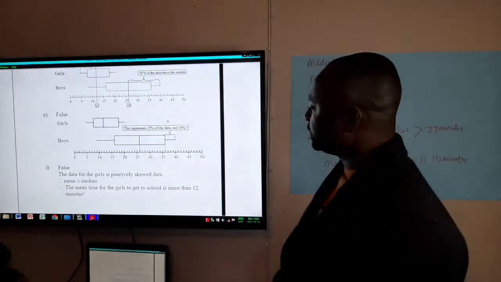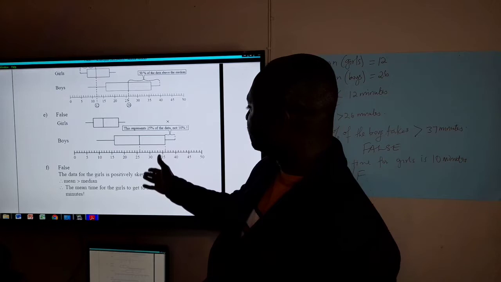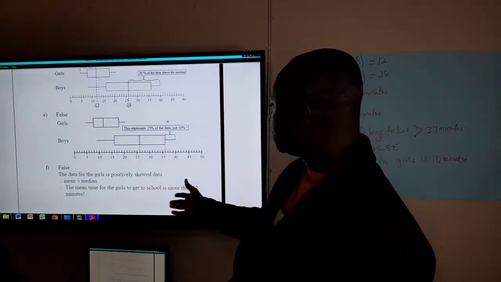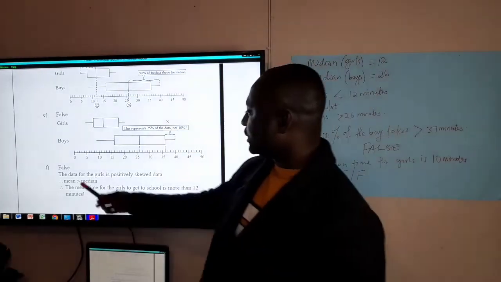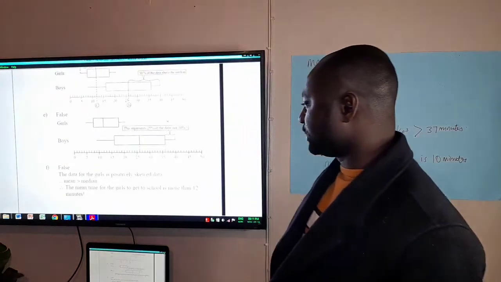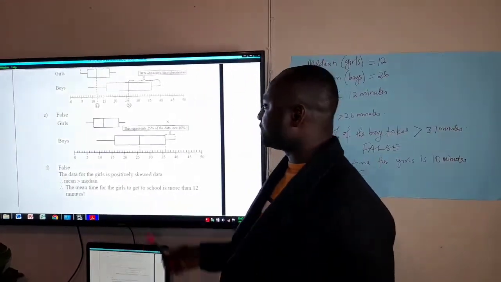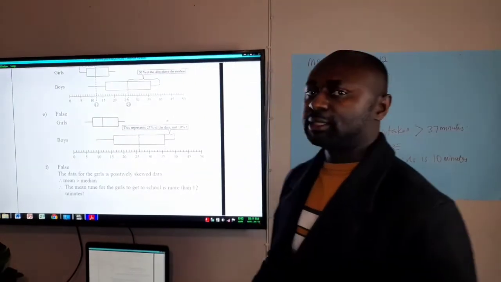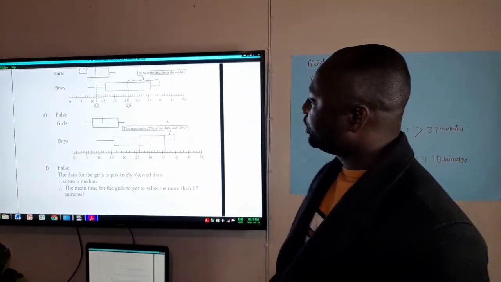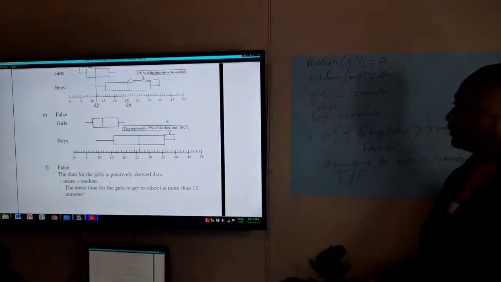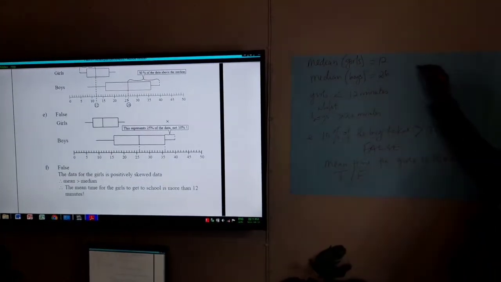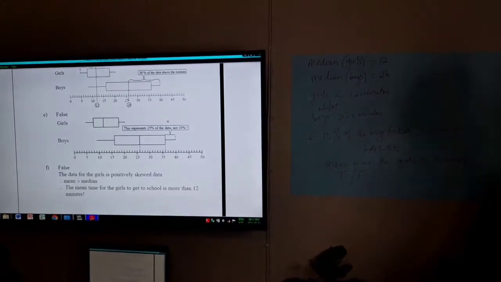Now let's look at it from the median, and then we can see how it is going. We are saying the answer is false. The reason is that the data for the girls is positively skewed. When we have positively skewed data, that means the graph is skewed to the right.